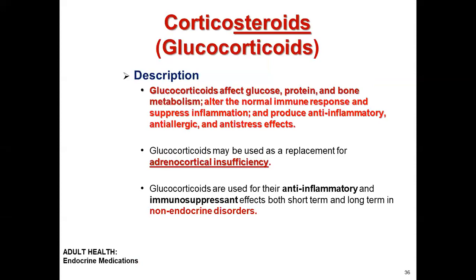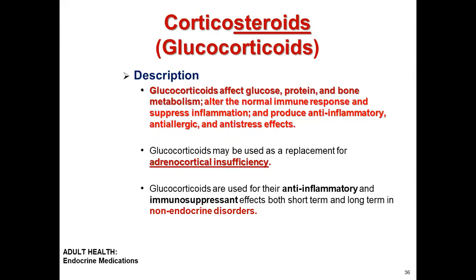Now we are going to focus on glucocorticoid or corticosteroid. Glucocorticoids basically affect glucose, protein, and bone metabolism. So they cause hyperglycemia, and affect protein metabolism and also bone metabolism.